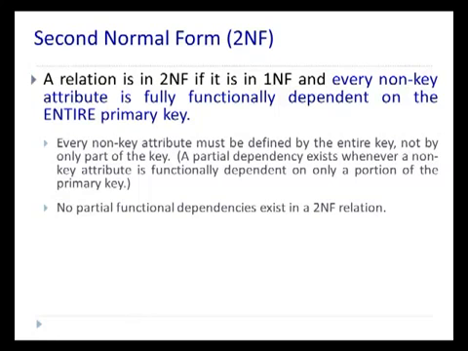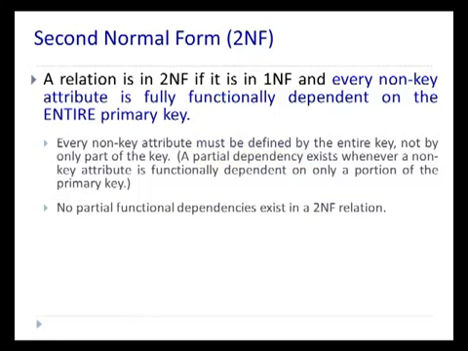So we really want to start looking at second normal form. And second normal form is the process where we eliminate partial functional dependencies. Now again, remember, you can only have partial functional dependencies if you have a composite primary key.